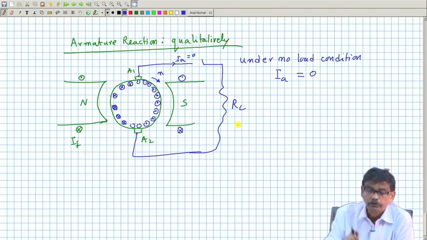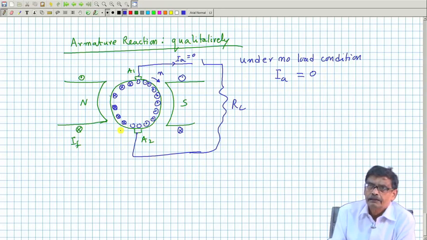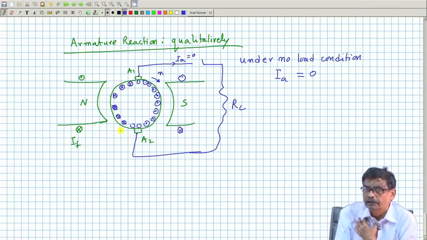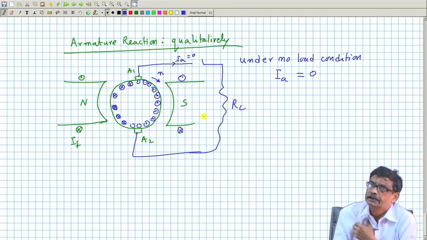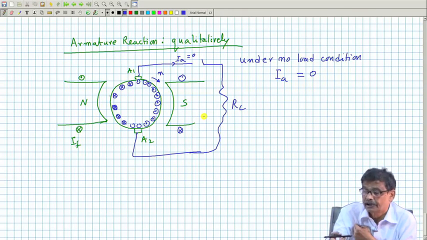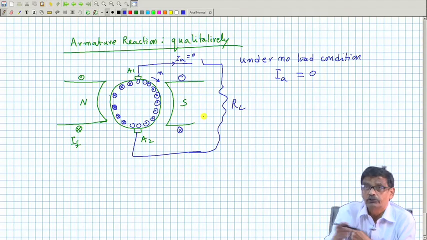But when the armature will be carrying current, then these armature coils too will produce their magnetic field. Therefore, we should ask ourselves whether the flux per pole in the machine will still remain what it was earlier when I A was 0, and based on that I calculated the generated voltage and so on.